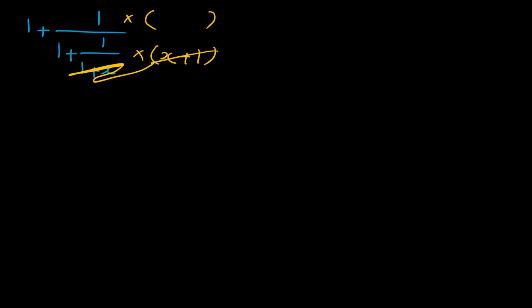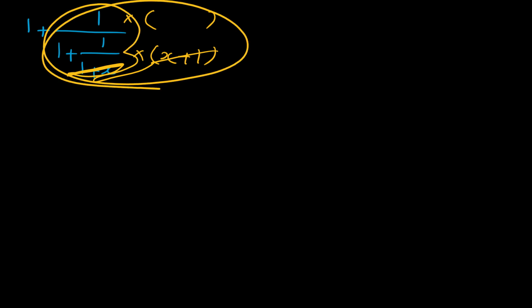You can think how to get rid of this by multiplying the numerator and denominator by 1 plus x, or you can simply add 1 to this by doing a common denominator. It's completely up to you. So you have two choices. You can think of multiplying the numerator and denominator by x plus 1. By doing this, x plus 1 helps you get rid of this, and you can simplify this.